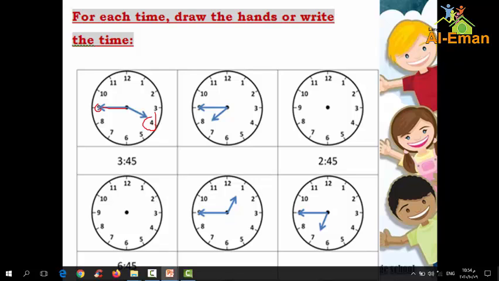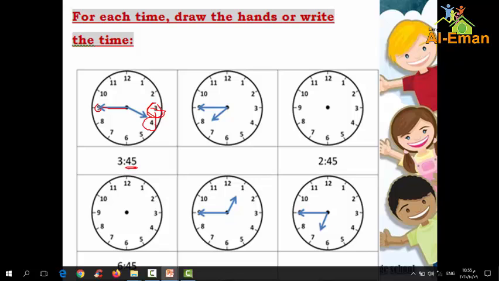We will write 3. Okay, we will write 3. But 9 in digital clock mean what? Mean 45. Okay, so in digital clock take before 4, so before 4, 3.